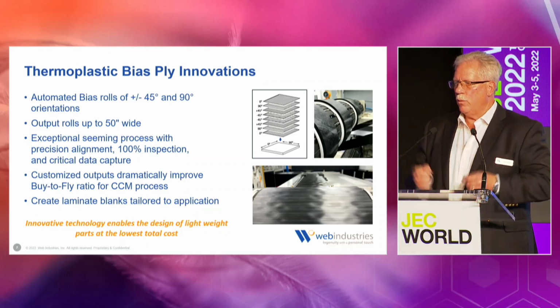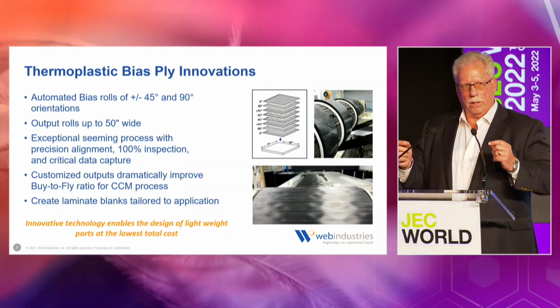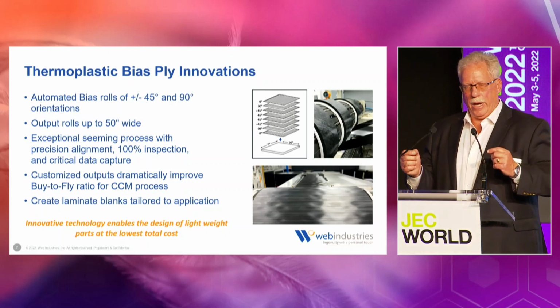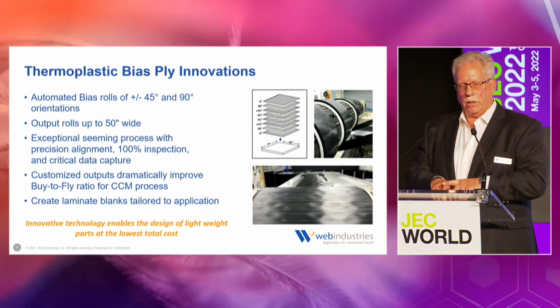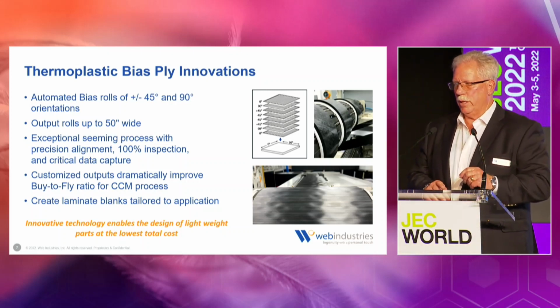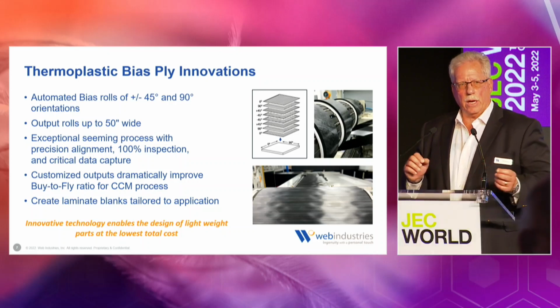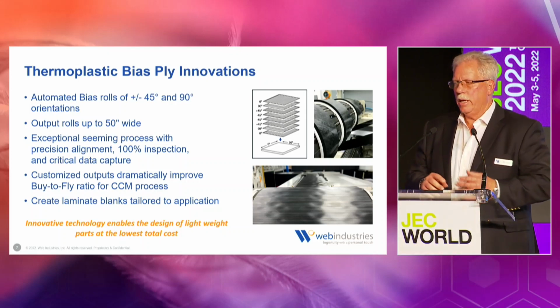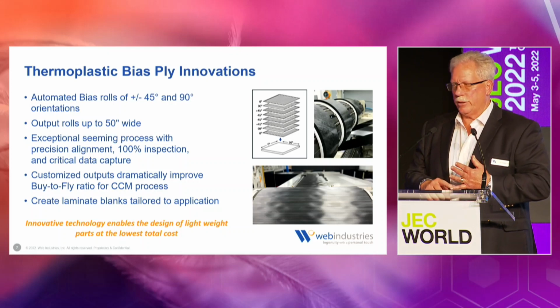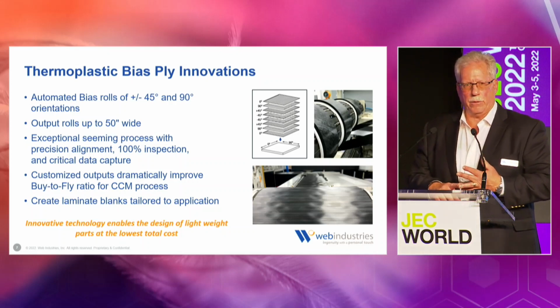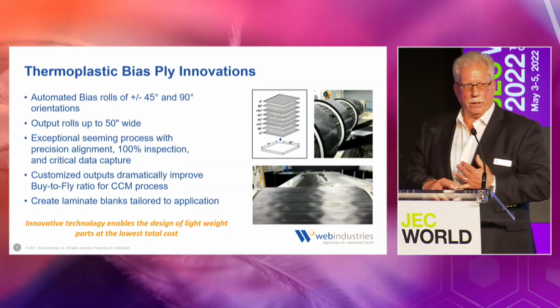And what this does is, first of all, the bias-ply is made very rapidly with a custom overlap of roughly 2 millimeters, and we control that alignment very, very tightly. We have 100% inspection on it, and then we capture that critical data for use at the end customer if they need it.